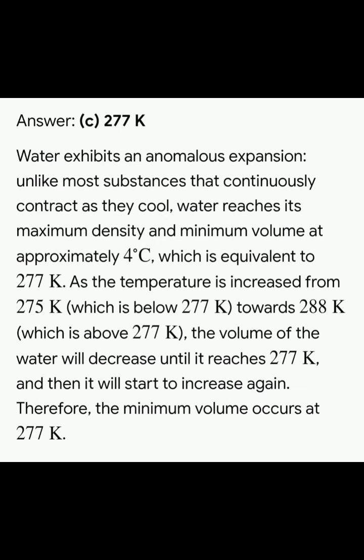Here the temperature is increased from 275 to 288. That means 275 is below 277 Kelvin and 288 Kelvin is above 277 Kelvin. So the volume of the water will decrease until it reaches 277 Kelvin and then it starts to increase again. So the minimum volume will occur at 277 Kelvin. So the answer is 277 Kelvin.